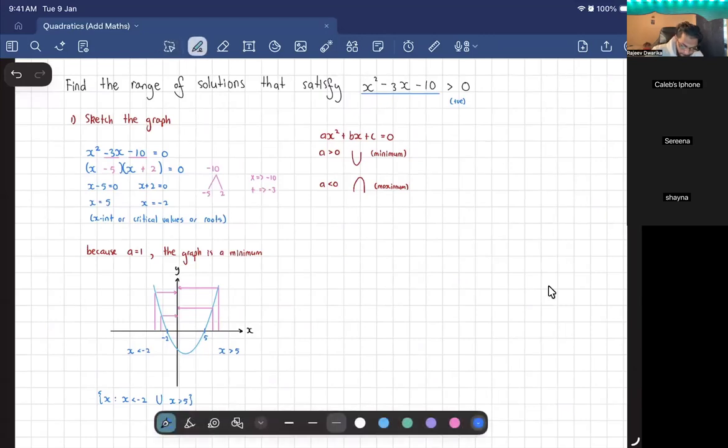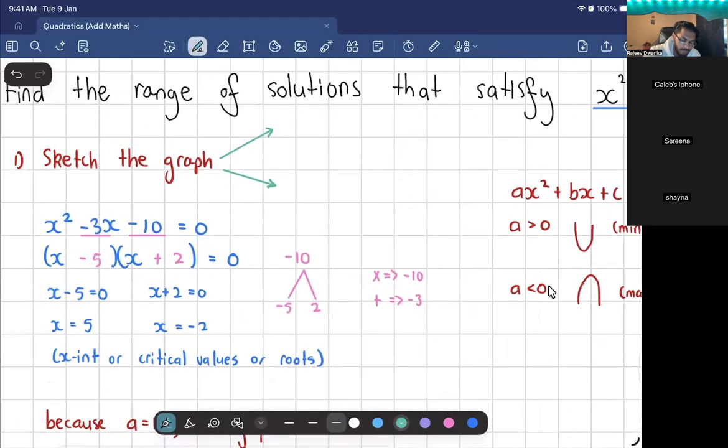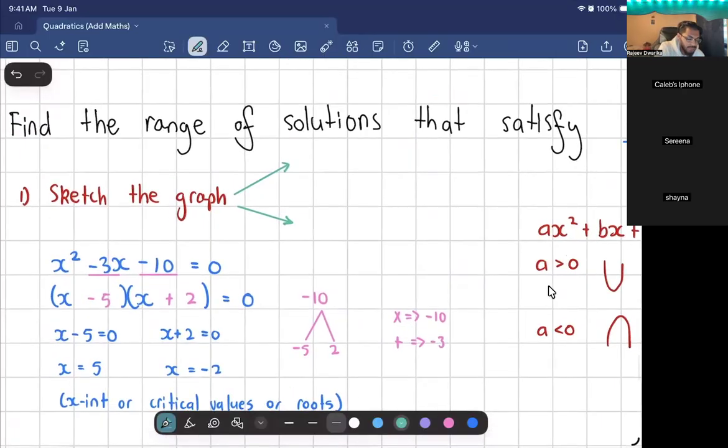Yes, sir. Right, so your first step is to sketch the graph. Shayna, if you want to sketch a quadratic real fast, what are the two things you need? Your coordinates.